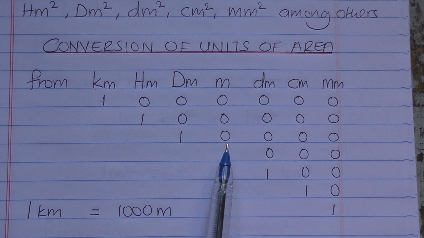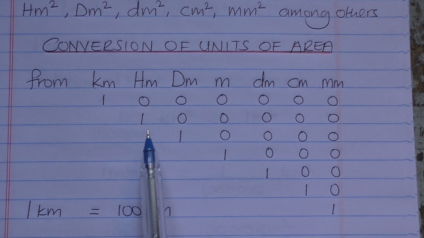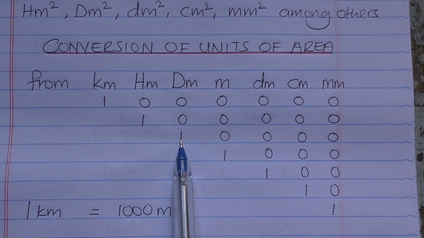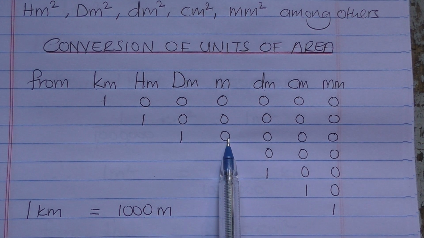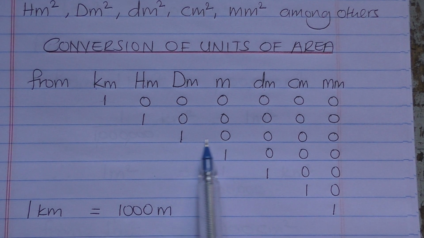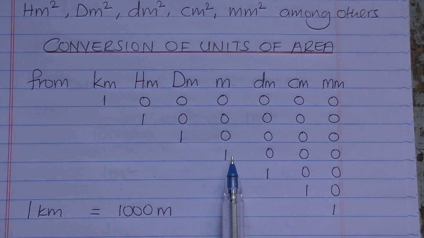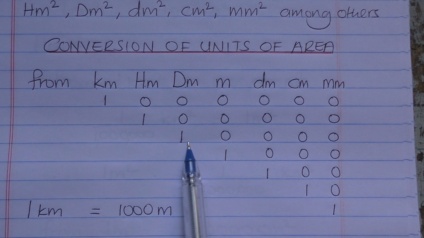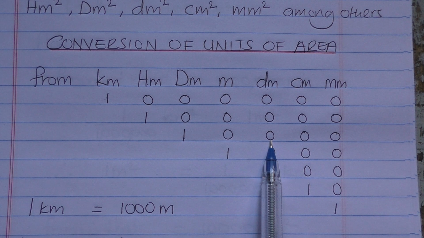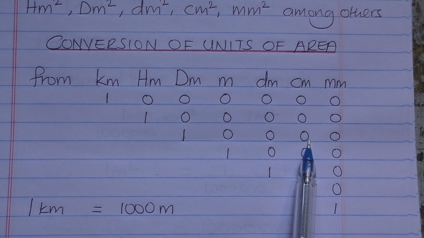For instance, if I look at the relationship between decameter and meter, it shows me that 1 decameter is equivalent to 10 meters. Similarly, 1 decameter is equivalent to 100 decimeters. 1 decameter is equivalent to 1,000 centimeters.